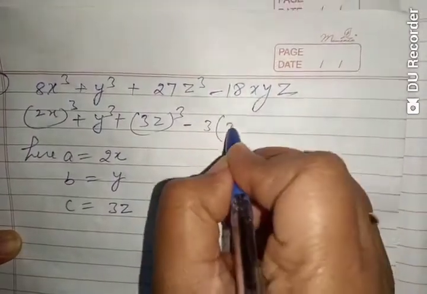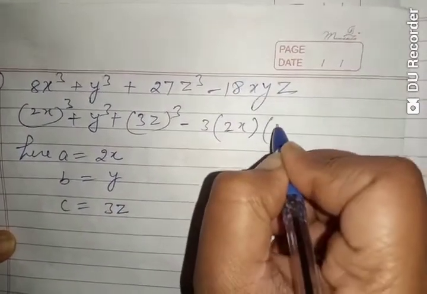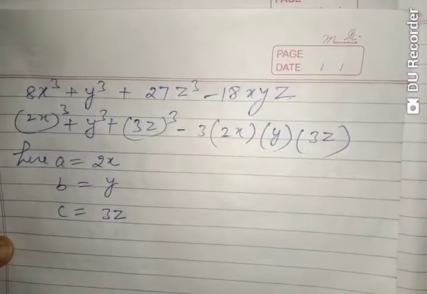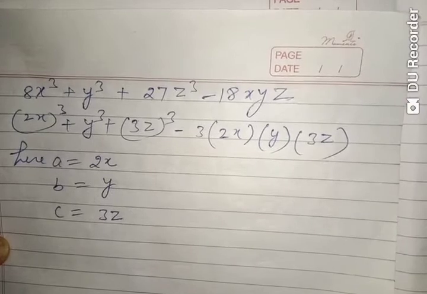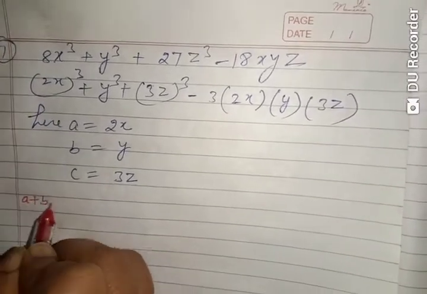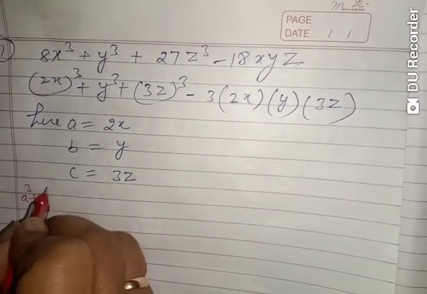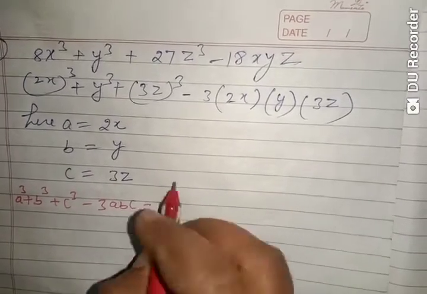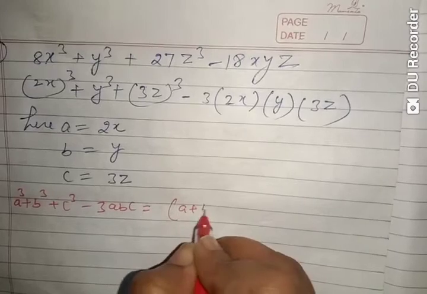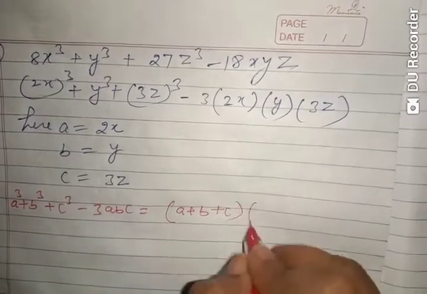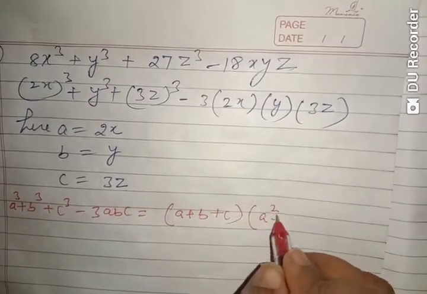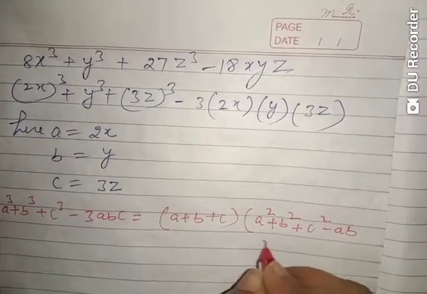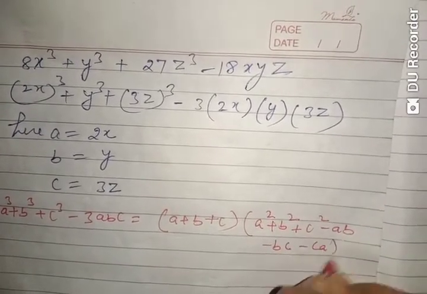So this is 3abc. So the identity says a cube plus b cube plus c cube minus 3abc gives us two brackets in multiplication on the right hand side: a plus b plus c and a square plus b square plus c square minus ab minus bc minus ca.